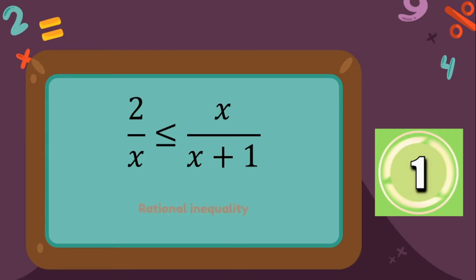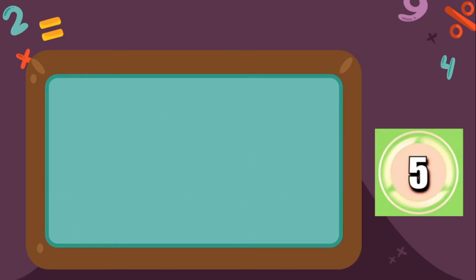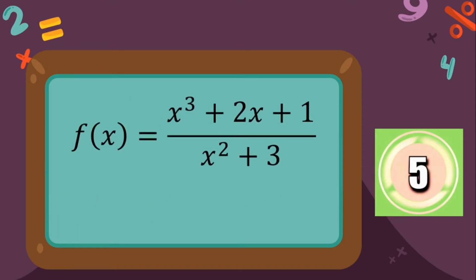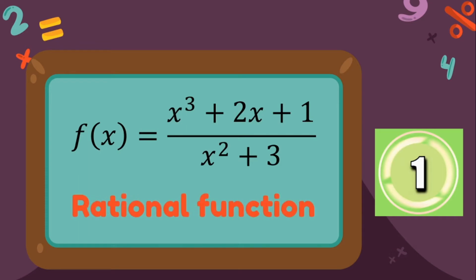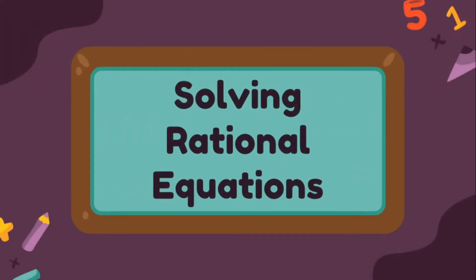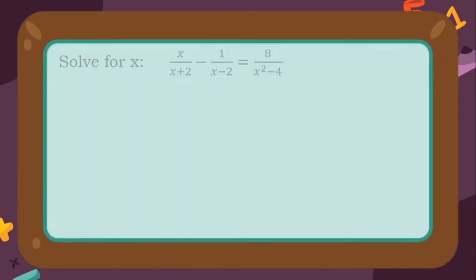This is an example of a rational inequality. Very good. How about this? Ito naman ay isang halimbawa ng rational function. Tama. This time, let us now solve rational equations.